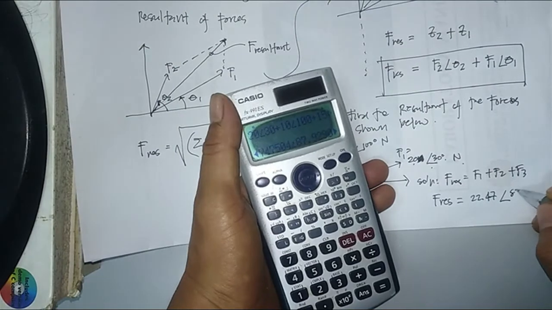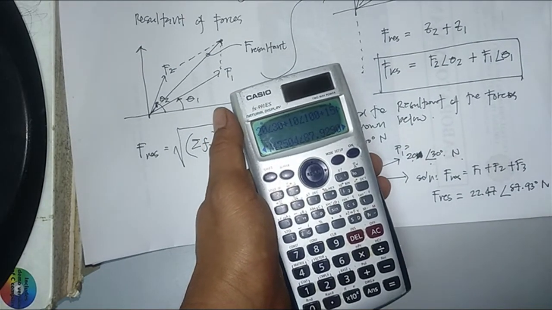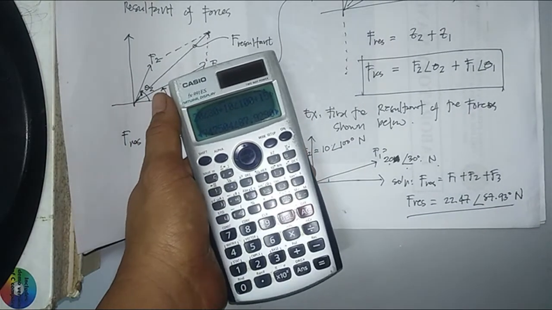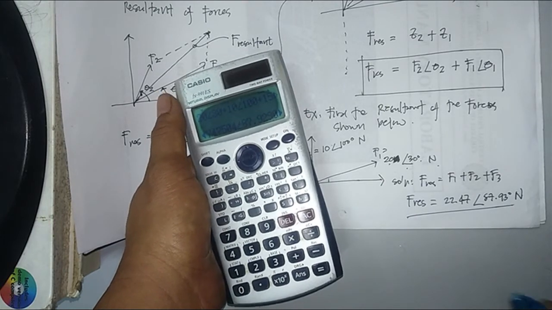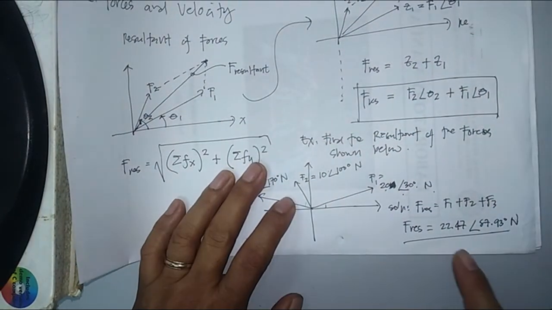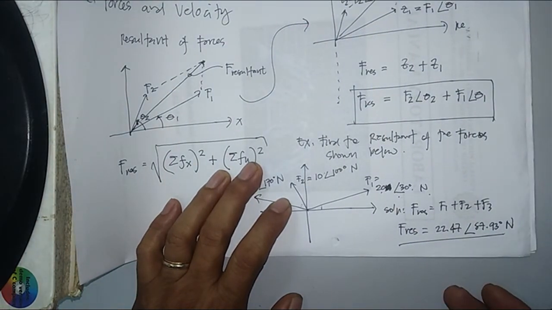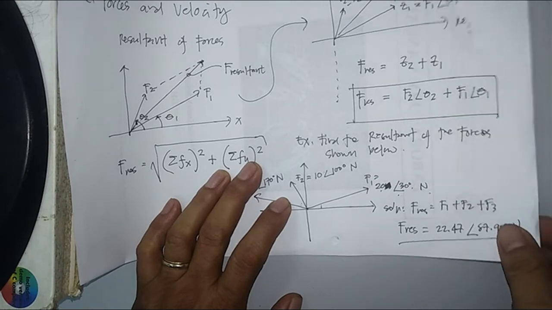So we have 87.93 Newton. So this is my resultant force. I hope my answer is the same as yours. This is to see to it that you are following my discussion. Sometimes I put a wrong answer on purpose.